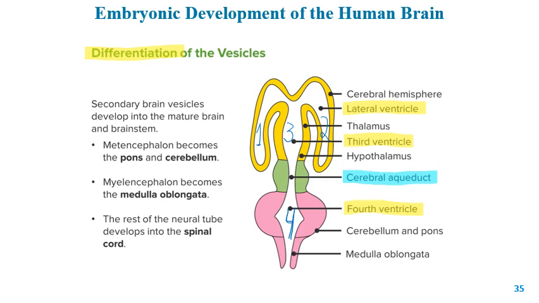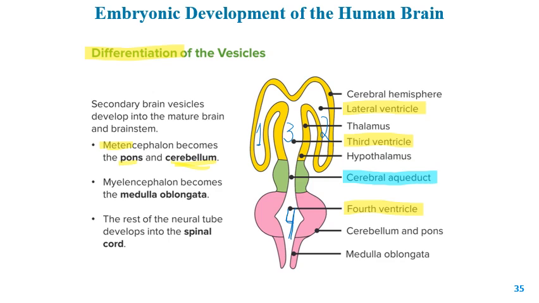Okay, so what is important to know here? Your metencephalon is going to become the pons and cerebellum, and we're going to see more on where those are located and what they look like.